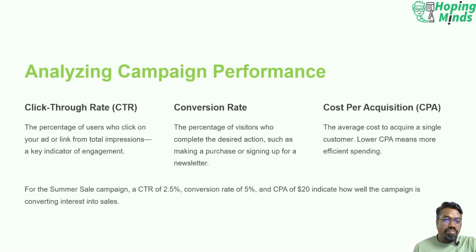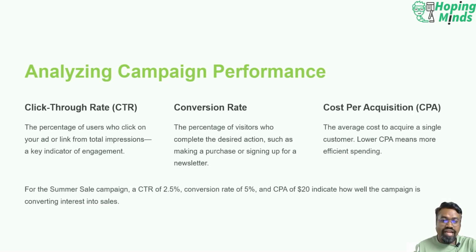Then comes CPA, which is known as cost per acquisition. For any business to run, their CPA should be low, right? The average cost to acquire a single customer is known as cost per acquisition. A lower CPA means more efficient spending, and if we are generating more return on investment, that means the campaign is effectively working, right?